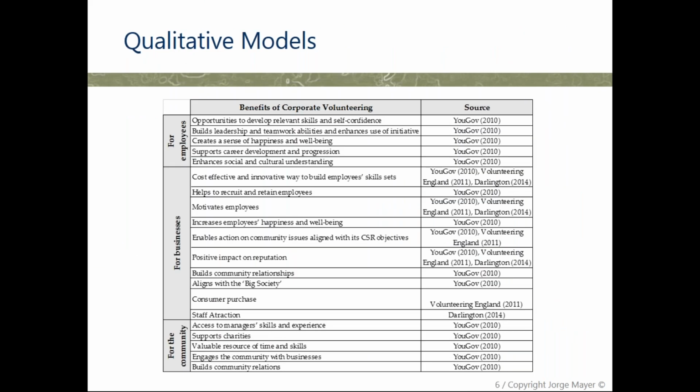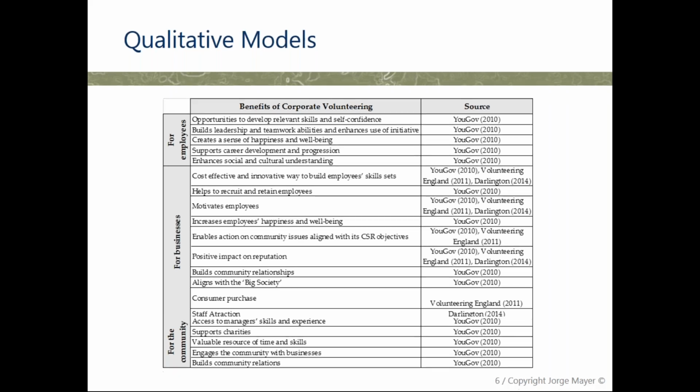Besides these quantitative models, I found some qualitative ones, and they try to give an idea of the benefits of corporate volunteering for employees, for businesses, for the community. And I found 3 or 4 sources that give us some data on reputation, on staff attraction, on well-being and stuff like that.